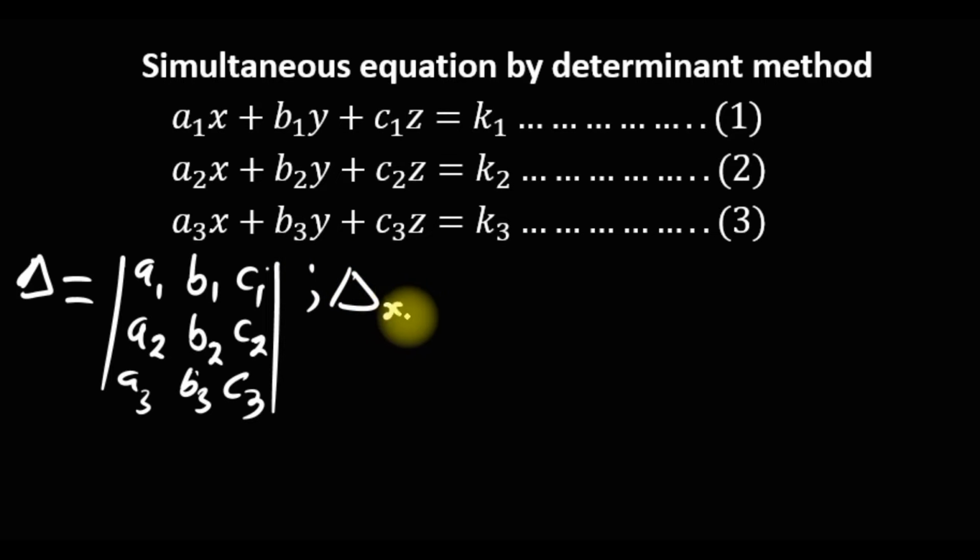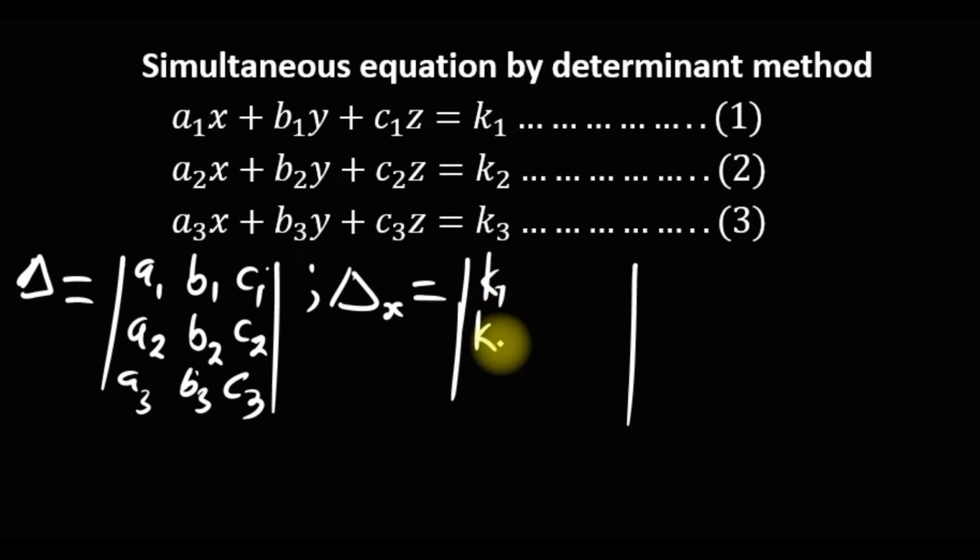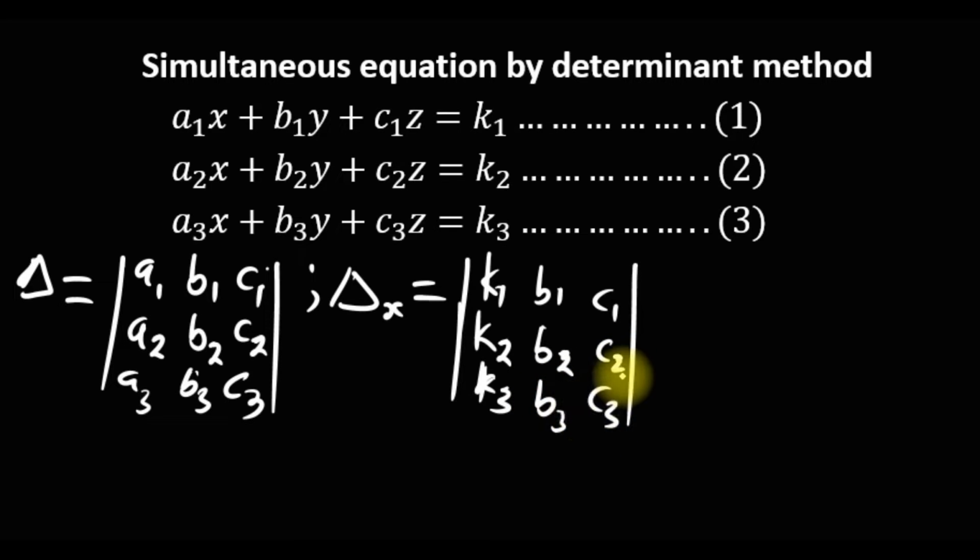The second determinant is the one that has subscript x. Now how do you form it? We just replace the coefficients of x, the first column, with the constants k1, k2, and k3, while the others remain the same: b1, c1, b2, c2, b3, c3.